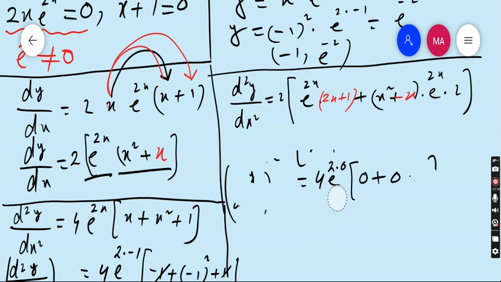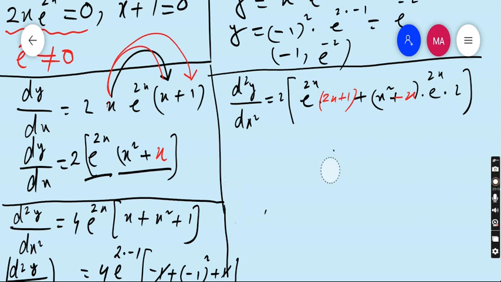A small mistake can destroy the whole concept, but no problem, we found the mistake. Start from here.